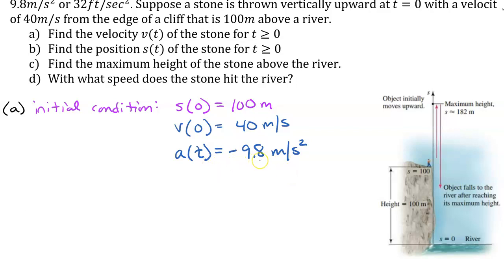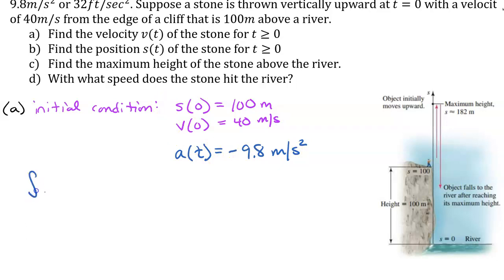My bad. Okay, so we know that the derivative of velocity is acceleration. So if we integrate this, we should get our velocity function. These two here, maybe I should put that in purple to make it easier. We have two initial conditions, and we have acceleration.